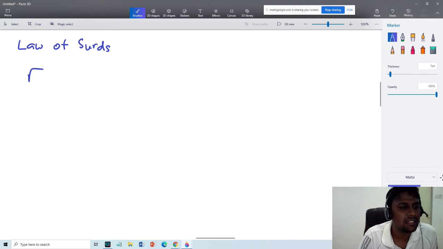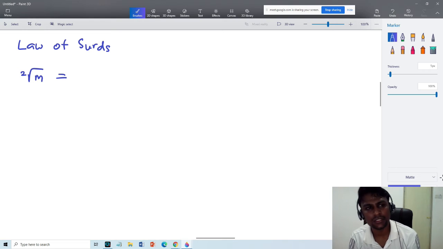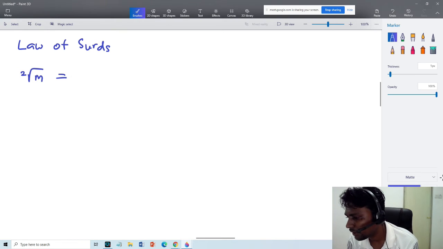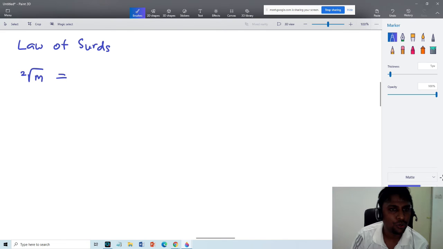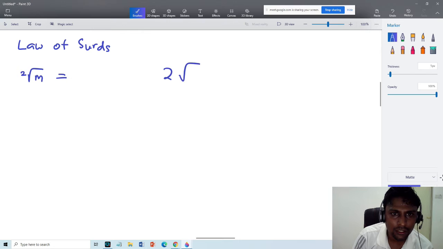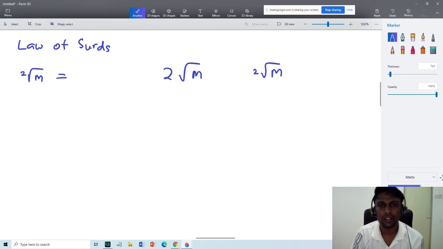Let's say I put m here. It's actually the square root of m. Okay, we prefer to put 2. Surds is a special name for the square root. But remember, the 2 here and this 2 here are totally different.